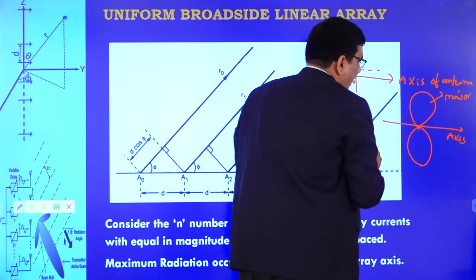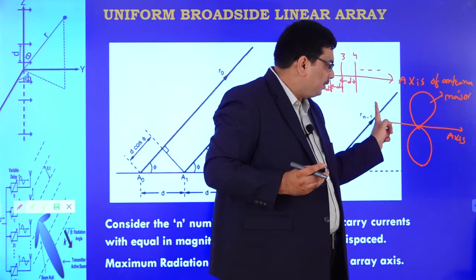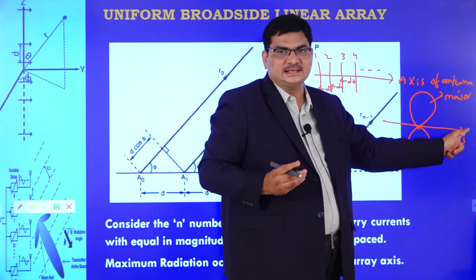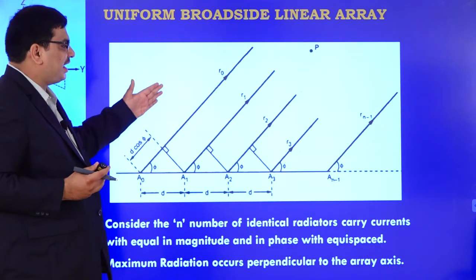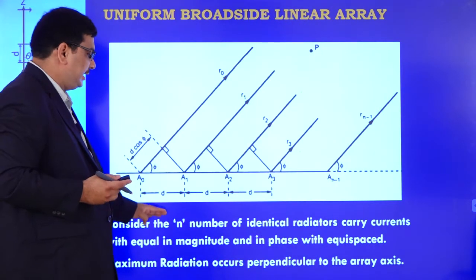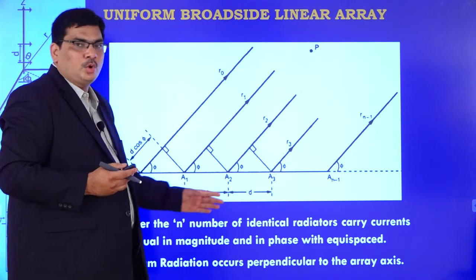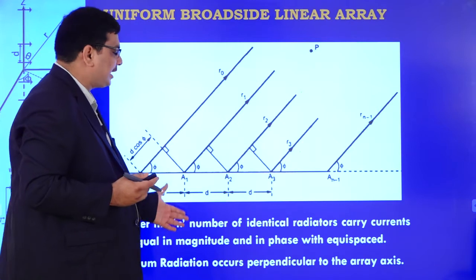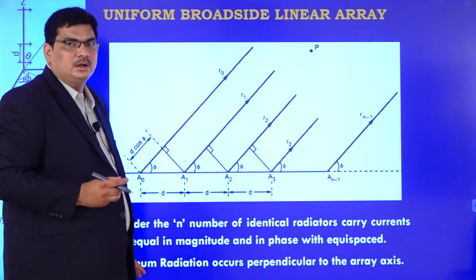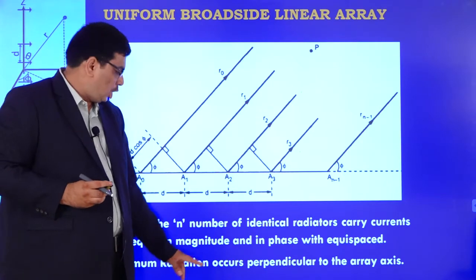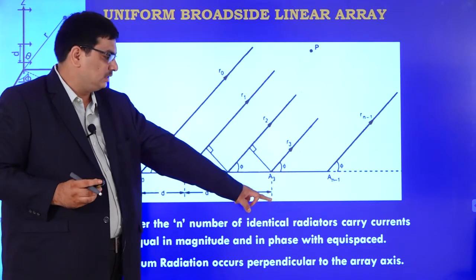That means the major lobe amplitude is always perpendicular to the axis of your antenna elements. Here we are considering n identical radiators which carry equal magnitude and equal phase, so the maximum radiation is always perpendicular to the axis of your array.